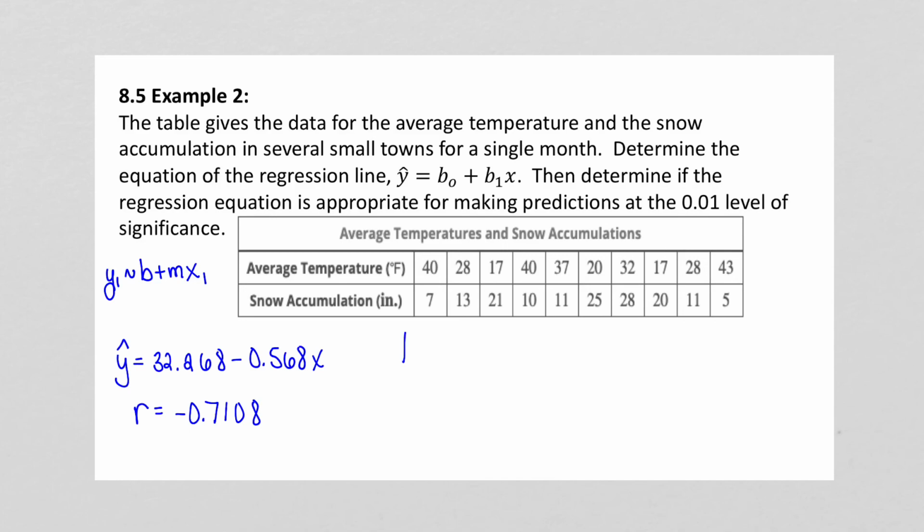So we compare the absolute value of r, which would be positive 0.7108. And in this case, n is 10, I believe. We're just counting 1, 2, 3, 4, 5, 6, 7, 8, 9, 10. Yep. And we want the 0.01.